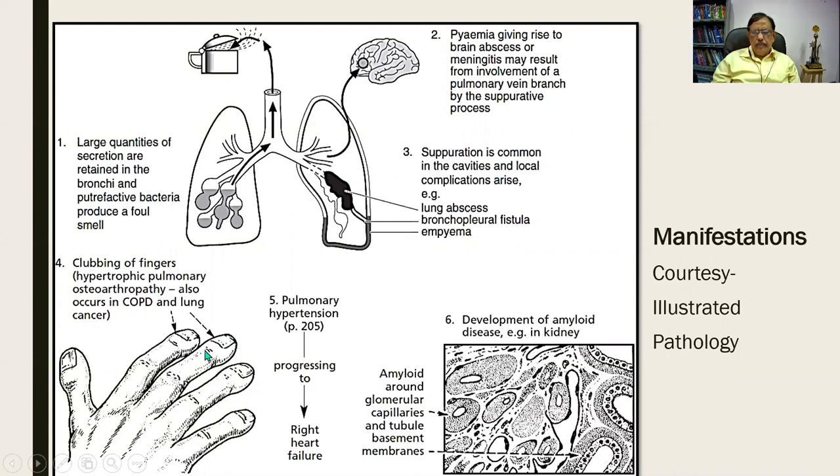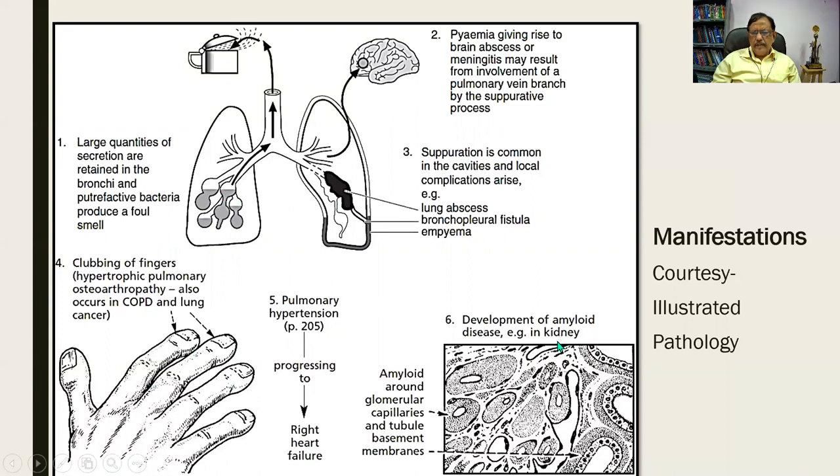You people know well about clubbing, but I'm interested in pyogenic disorders of the lung, which are empyema, lung abscess, and bronchiectasis. These 3 pyogenic conditions will result in clubbing of the digits.